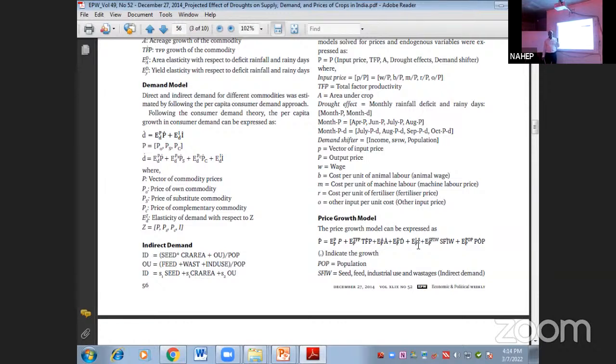Someone says, stabilize the price. Then start thinking about this line. How can I stabilize the price? Shall I reduce the population? Shall I shift the seed wastage? Shall I reduce or increase the demand? Or shall I work on PFP?